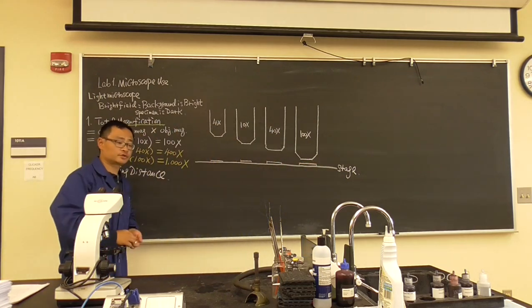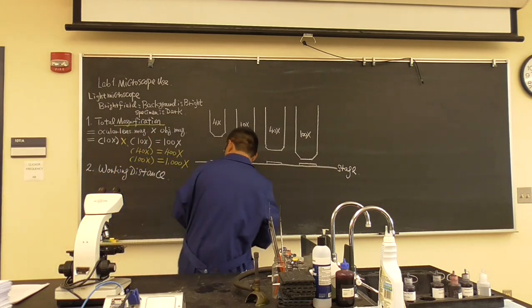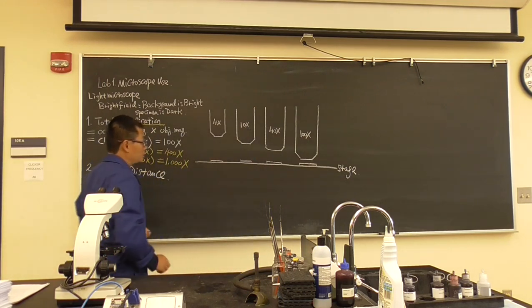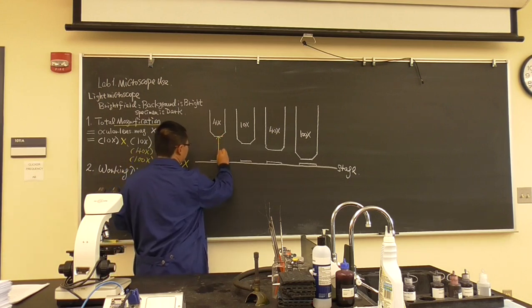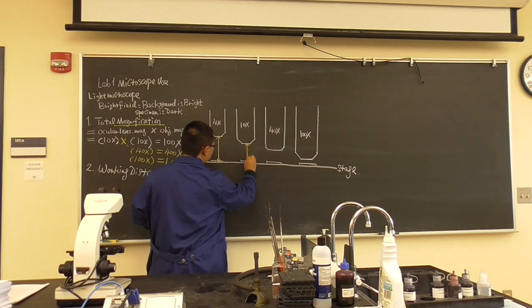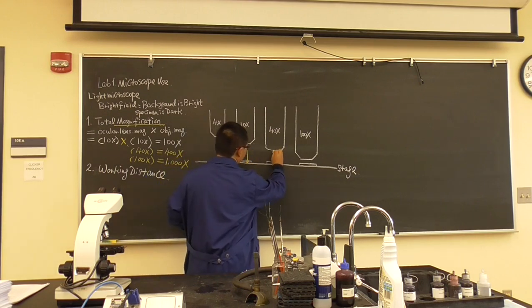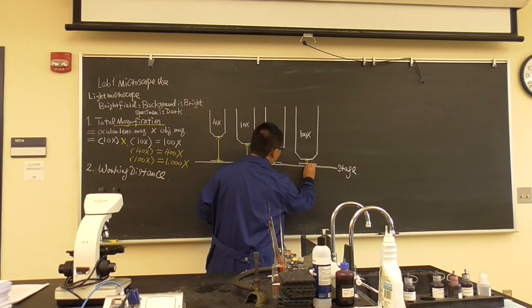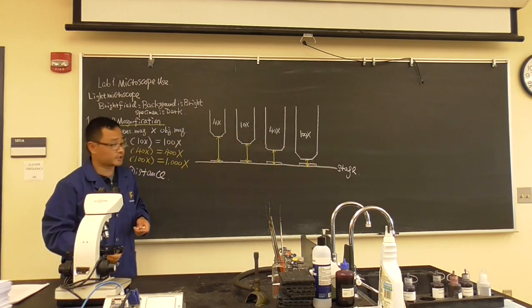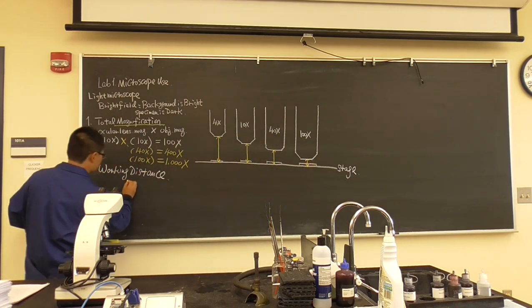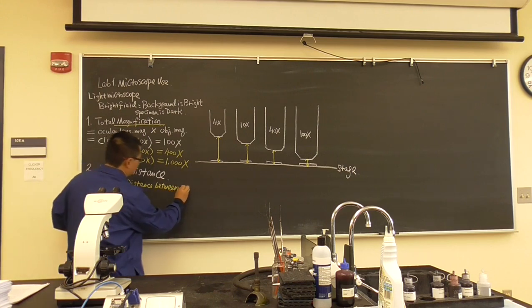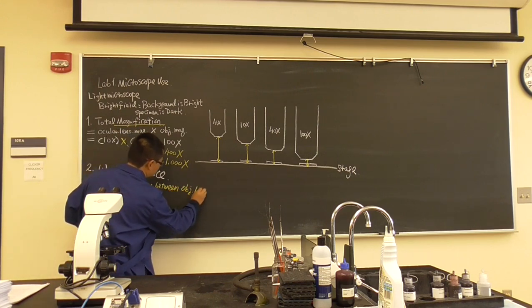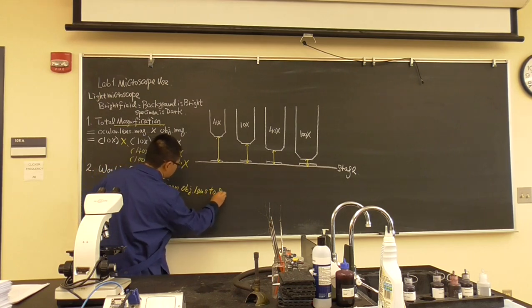So what is the working distance? Working distance is the distance between the stage and the objective lens. And you will see the working distance decreases with the increasing magnification of an objective lens. So what is the working distance? Distance between objective lens to stage.